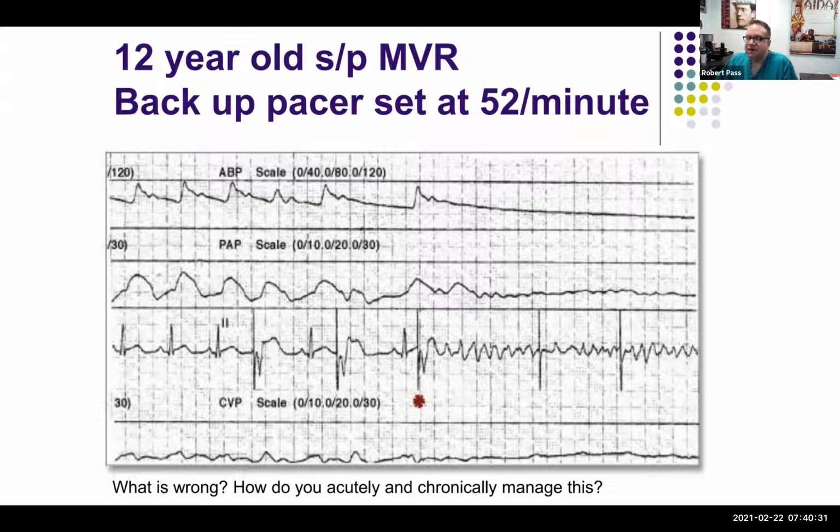So why don't I ask Dr. Uzoma Obiaka. So Uzo, you're in the ICU in your new job as a cardiac intensivist, and this happened. Someone was nice enough to put these little red asterisks on this slide.